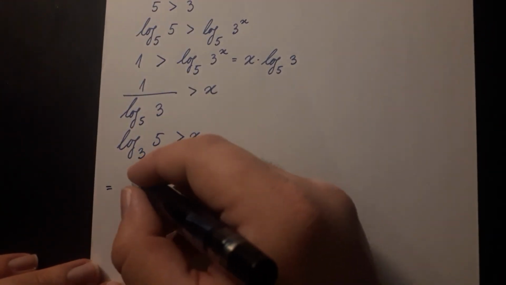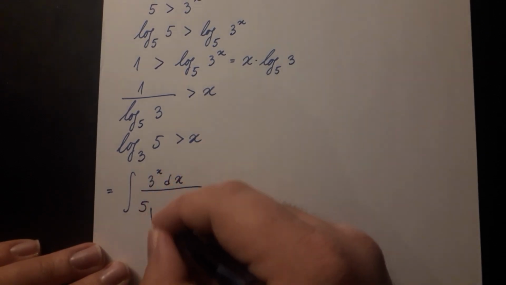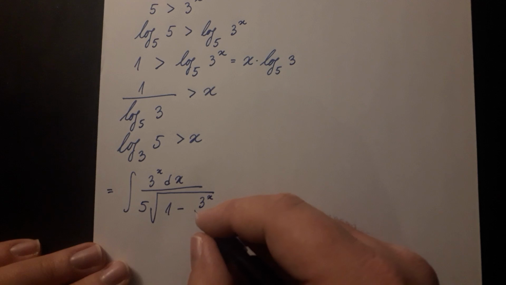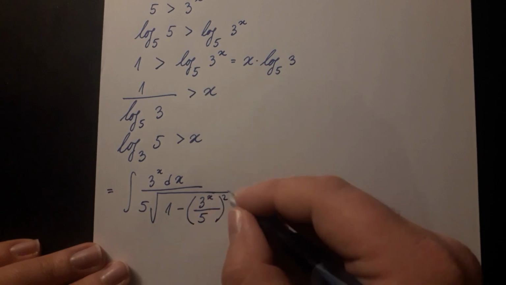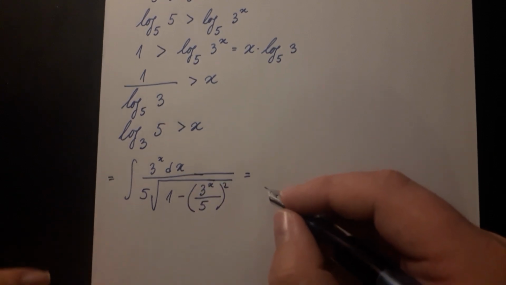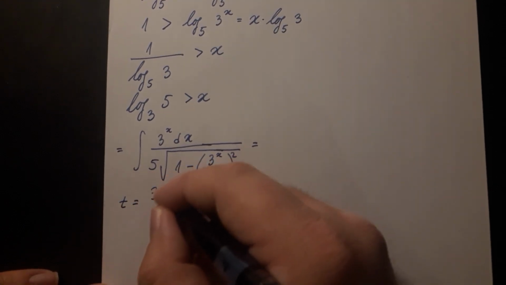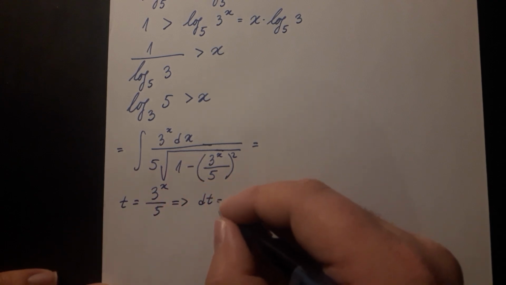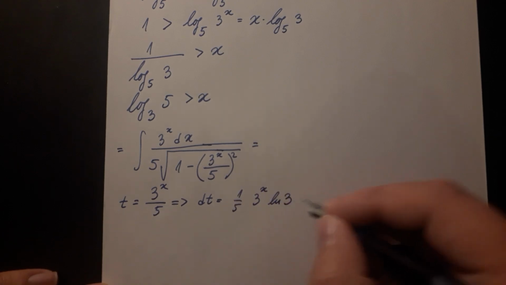This is then equal to an integral of 3 to the power x dx divided by 5 square root of 1 minus 3 to the power x divided by 5, and then the entire thing squared. We can introduce a substitution that t is equal to 3 to the power x divided by 5, and that means that dt is then equal to 1/5 of 3 to the power x ln of 3.